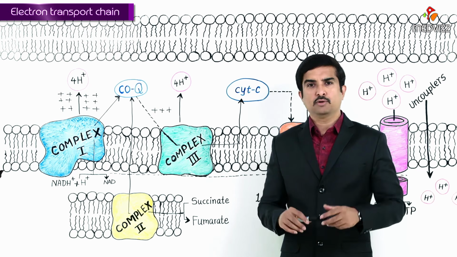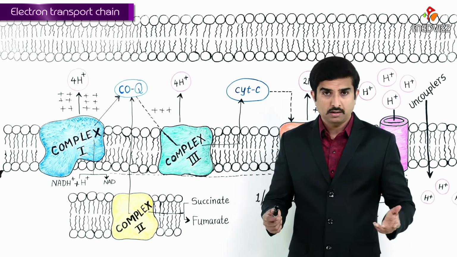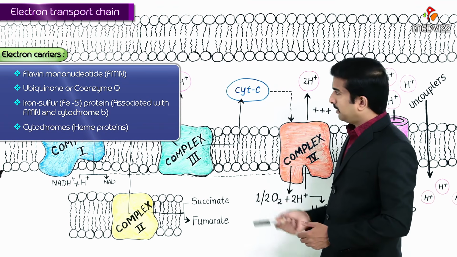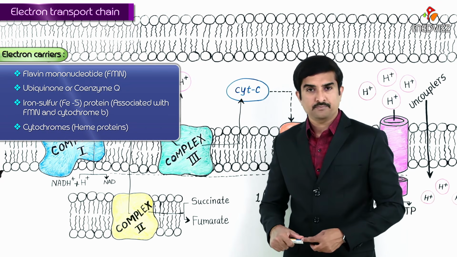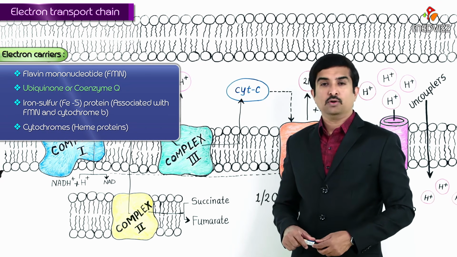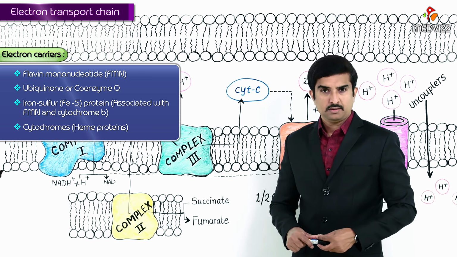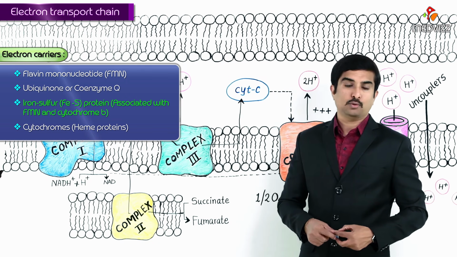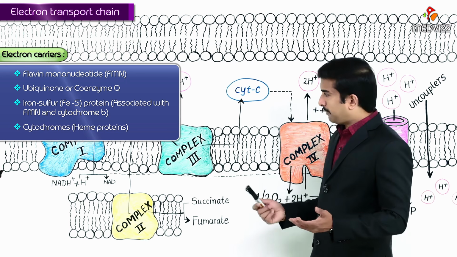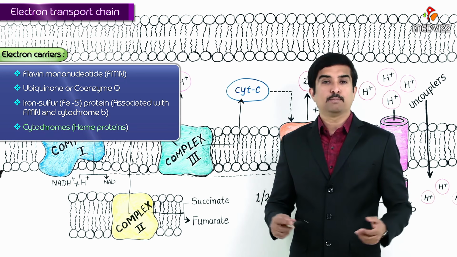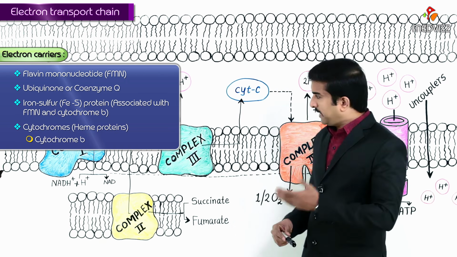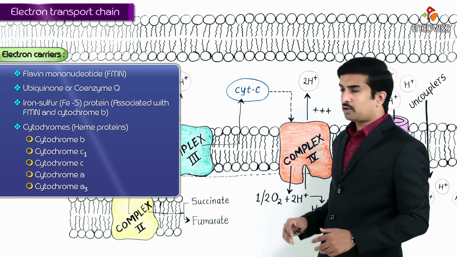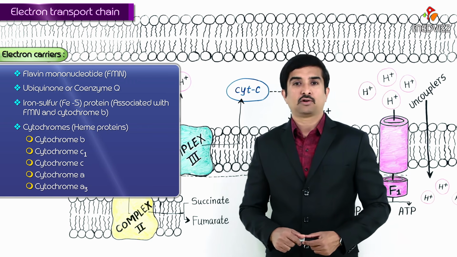As you can see in this table, the first one is flavin mononucleotide, next ubiquinone or coenzyme Q, and iron sulfur protein which is associated with FMN, and the last family is the cytochromes. These are heme proteins: cytochrome B, cytochrome C1, cytochrome C, A as well as A3. All these are called electron carriers in the electron transport chain.